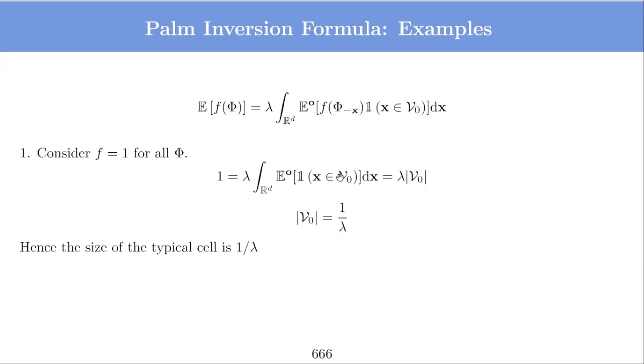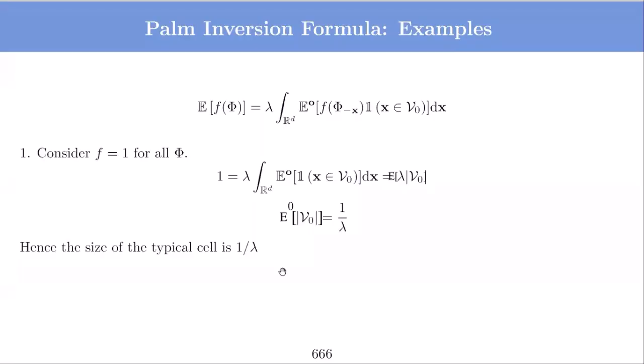This is nothing but λ times the Palm expected size of V0. So the expected value of V0 is equal to 1 upon λ. This means the average size of the typical cell is 1 by λ.